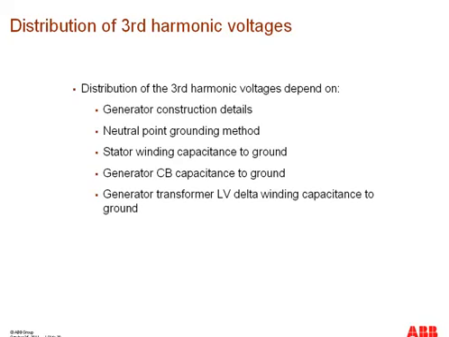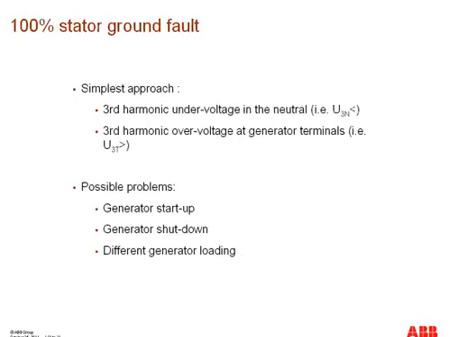The distribution of third harmonic voltages in the stator depends upon the generator construction and neutral point grounding system as well. As we discussed before, it will also be impacted by the capacitances, so there might be several factors impacting the third harmonic voltages present in a generator.